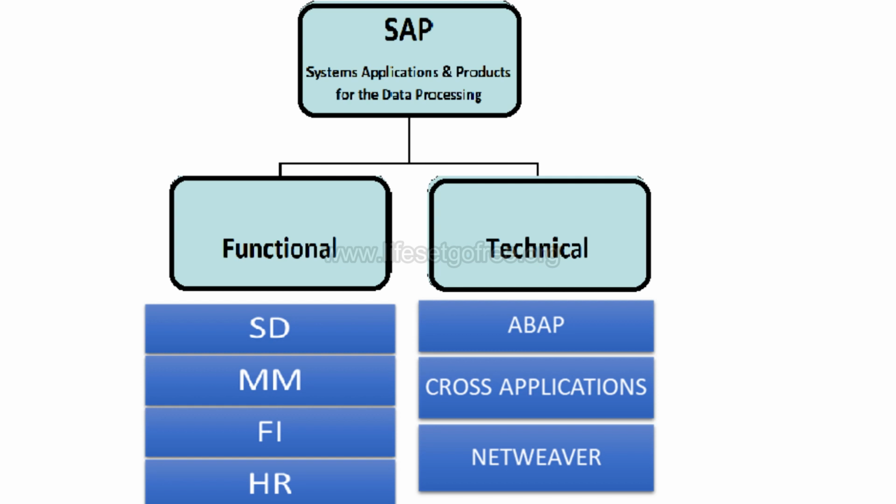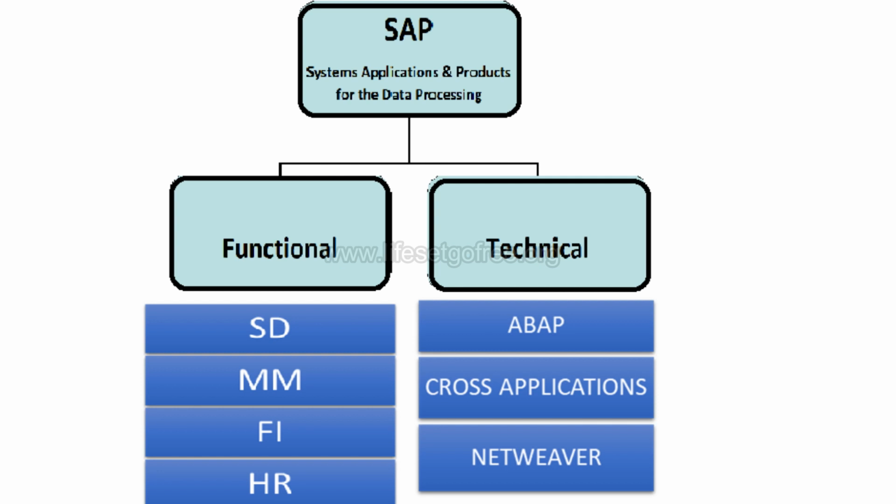What is the functional part? All the modules like sales and distribution, material management, finance department, HR, all these things come under the functional teams, I mean the functional part of SAP.